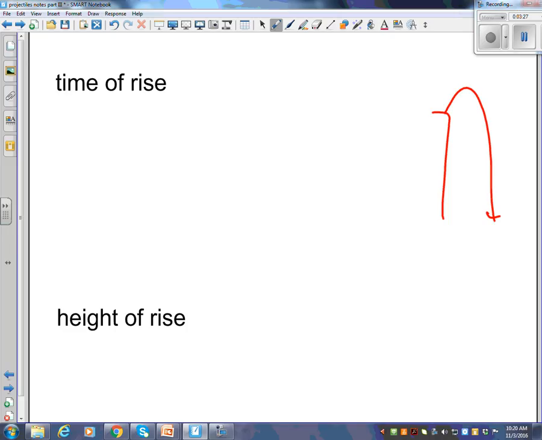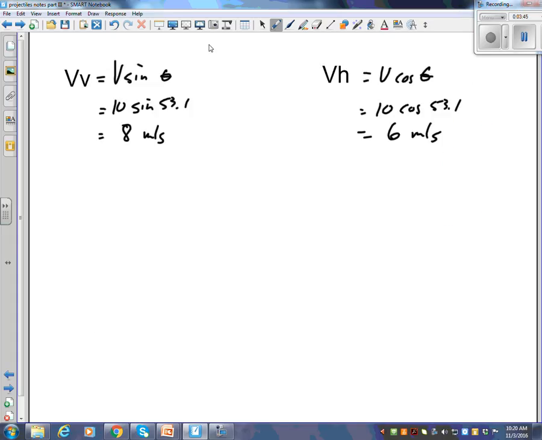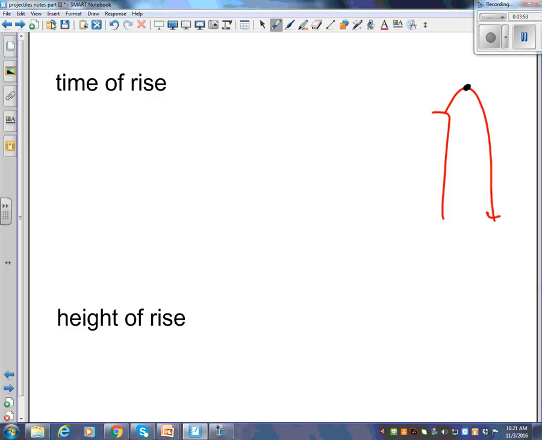So we are talking about that point right there, right? What special thing is happening at the peak? The vertical component of the velocity becomes 0. In fact, the 8 has worked its way down to 0, because that's the vertical component. So we're going to say VF equals VI plus AT.